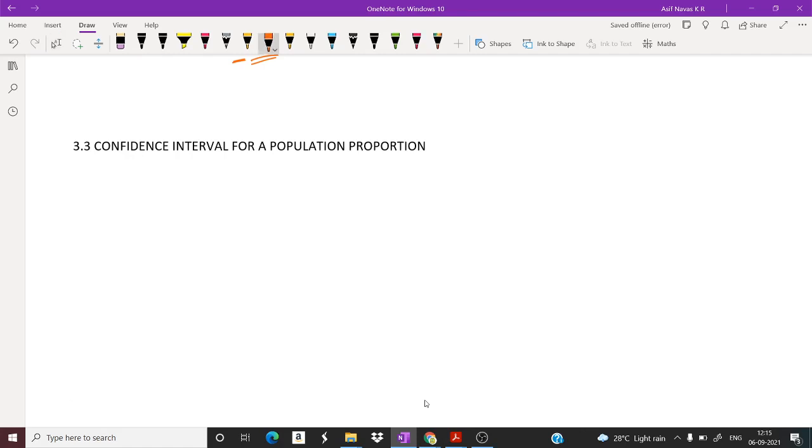Let P be the proportion of success in a population. P denotes the proportion of success in a population, so we have to estimate what P is.